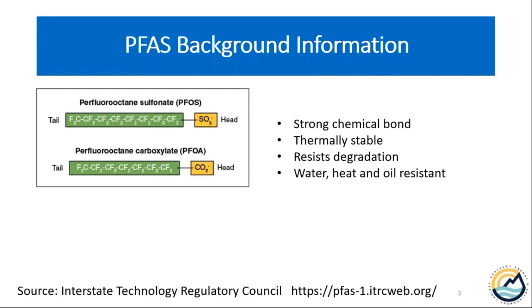This creates a molecule that is very thermally stable and resists degradation. For these reasons, it is resistant to water, heat, and oil, which makes it very popular for many applications. Some of the more common applications are waterproofing, stain resistance, non-stick coatings, and AFFF, the firefighting foam.